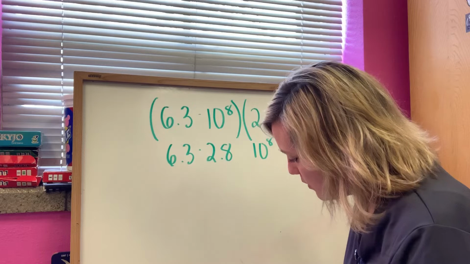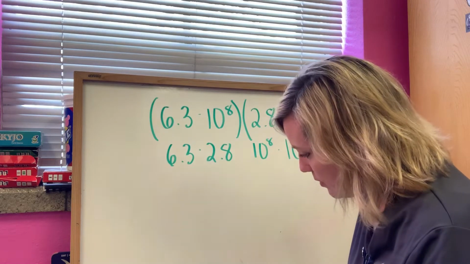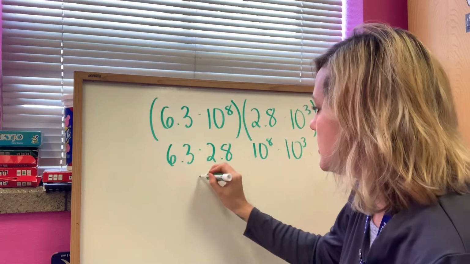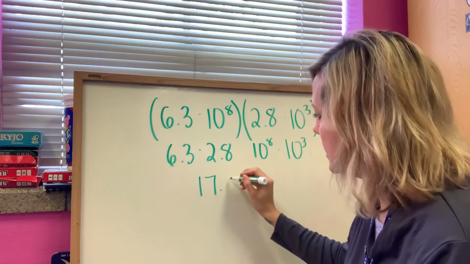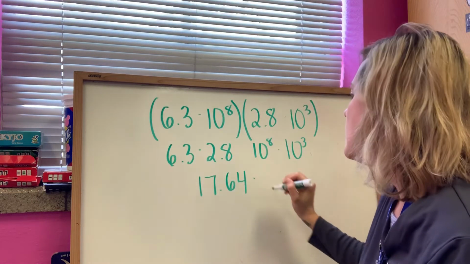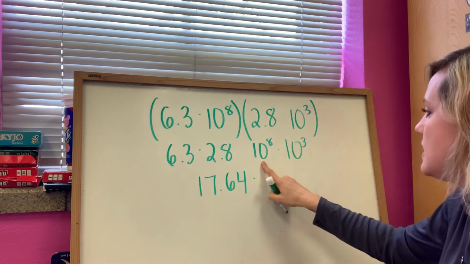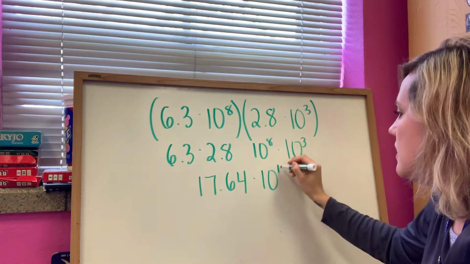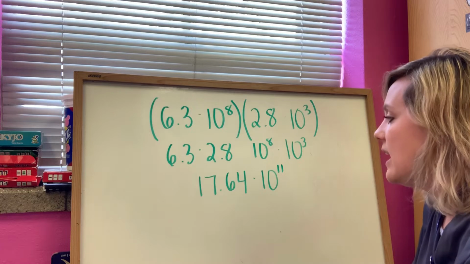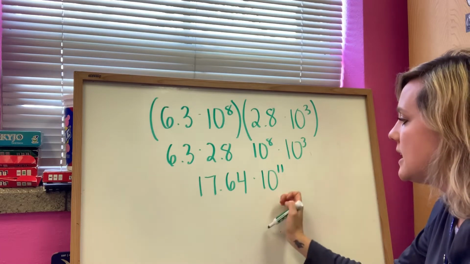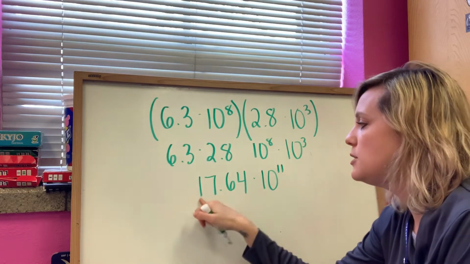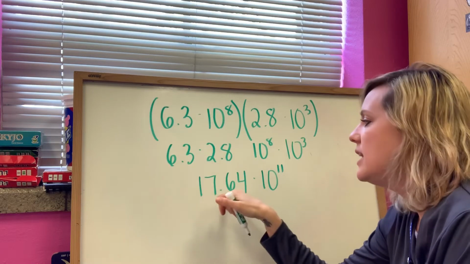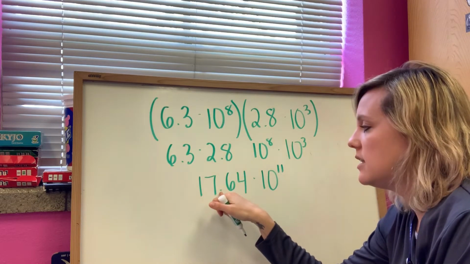So 6.3 times 2.8 equals 17.64, and then we have 8 groups of 10 there and 3 groups of 10 there, which would give me 11 groups of 10. And I'm almost done. The only problem is, again, this number right here is not in between 1 and 9.99. It is a little bit more than that.